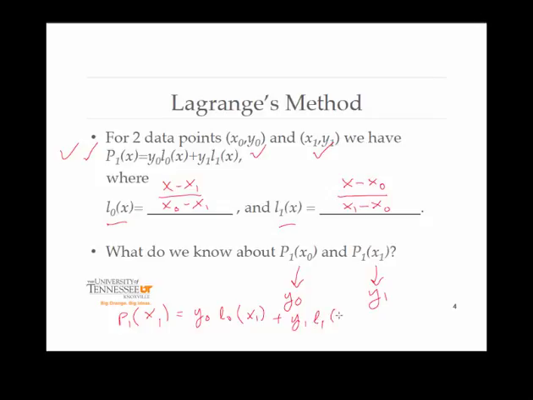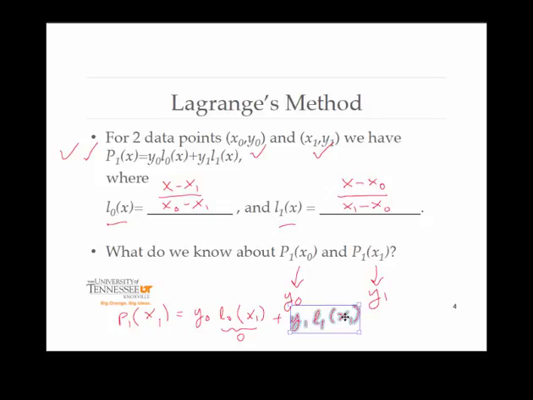Okay. And using almost the same logic we had before, when you plug x1 into the 0th cardinal function, you're going to get a 0 back. When the subscript of the cardinal function does not match the subscript of the x-coordinate, this will be 0. But when they do match, in this case, when you plug in x1 here into L1 of x, you're going to get a 1 back.